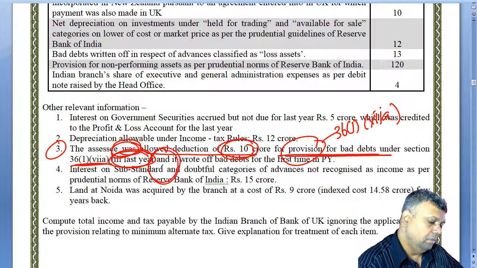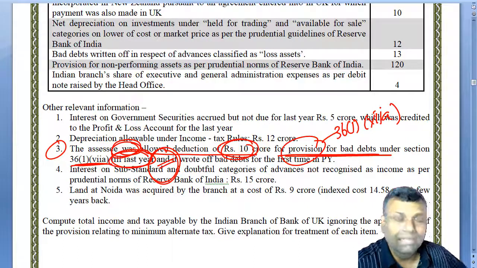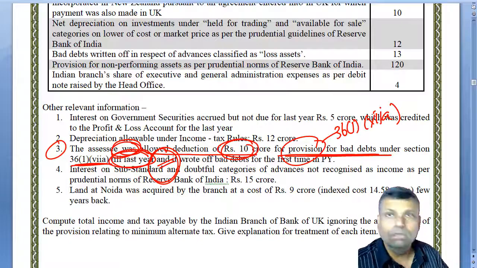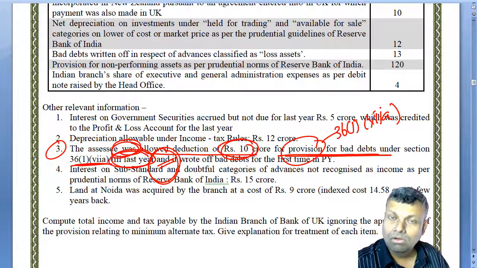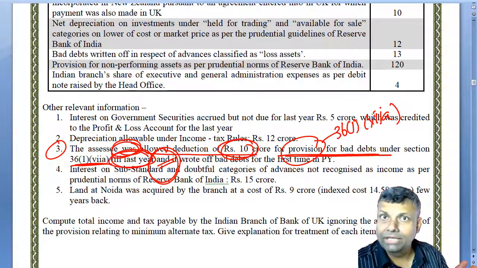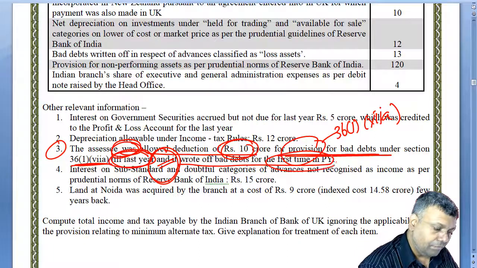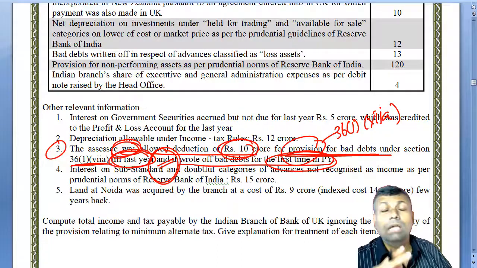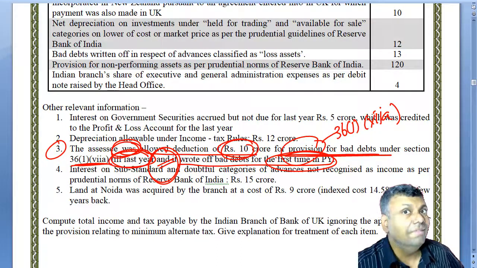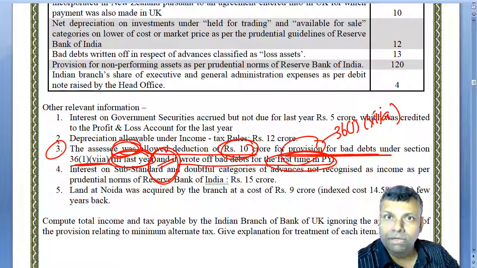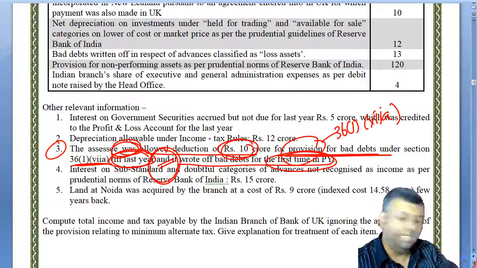From here the new part of the sentence starts, and it wrote off bad debts. That means up to the last year you were given a deduction of 10 on account of reserve creation by applying the 36.1.7a percentage. And you wrote off the bad debts for the first time in the previous year. That means up to the earlier years you never wrote off any bad debts. So you only got that 5% standard deduction every year, and the total of every year is 10.